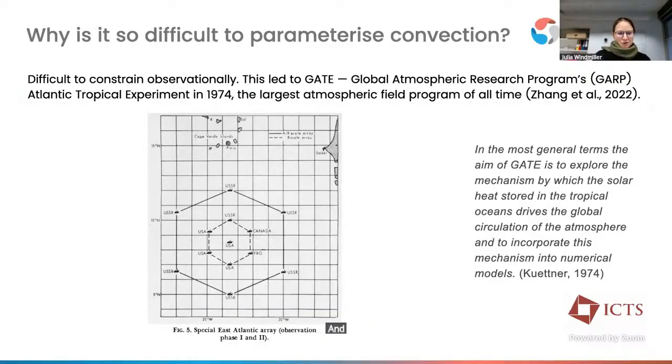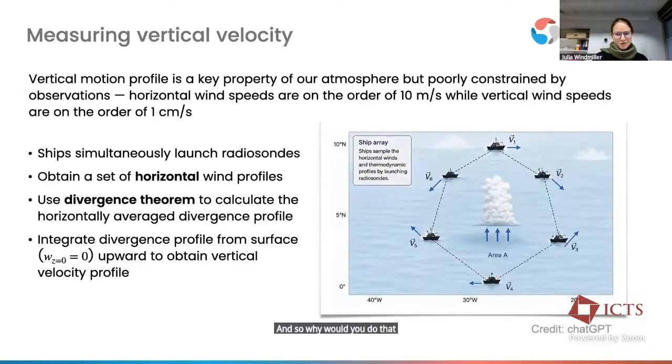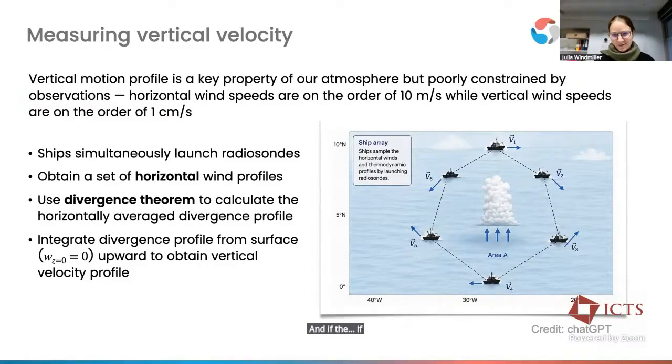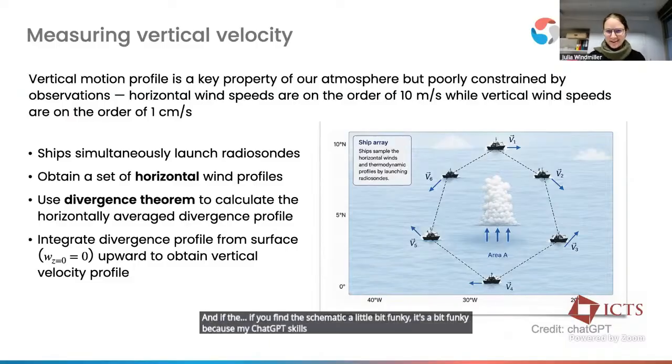And why would you do that? The reason is that this allows you to measure other things, but it also allows you to measure vertical velocity. If you find the schematic a bit funky, it's because my ChatGPT skills are not so great, but I hope it still helps to illustrate what's going on.